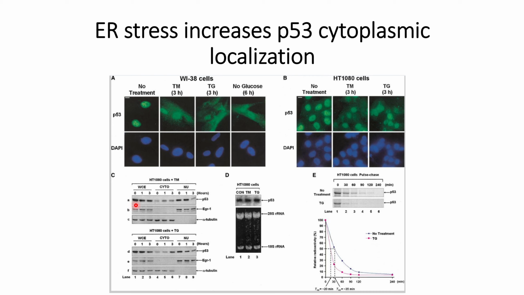We can see that with time the p53 amount seems to be reduced, however it is present within the whole cell extract. In the cytoplasm, we can see an increase in the amount of p53 with time, and in the nucleus we can see a decrease in p53 with time.